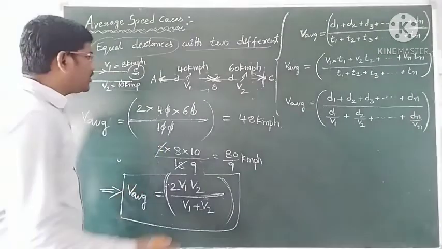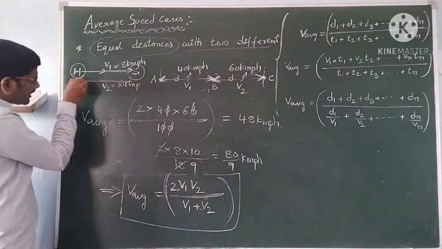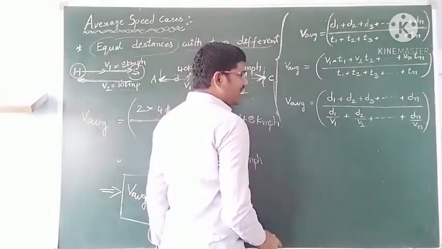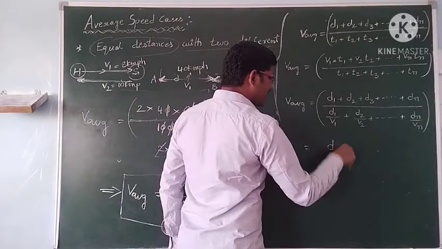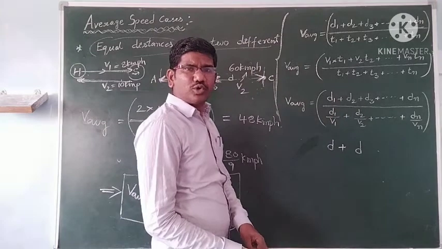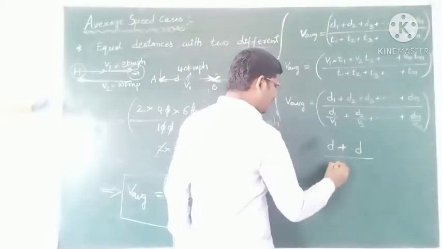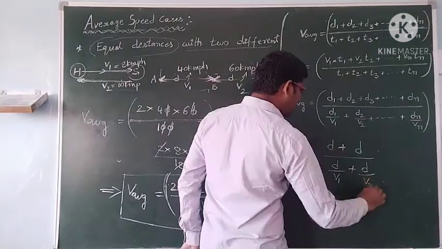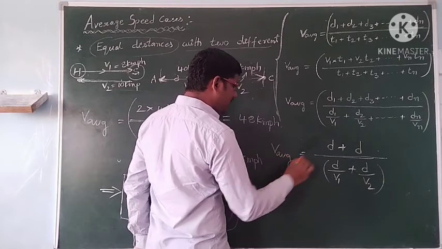That is the situation. Means A to B and B to C distances are the same, or you can cover it like this also. See students, whenever we have distances and speeds, this is the formula we have. Only two distances we have. The first distance d1 is d, the second distance d2 also d. So d1 plus d2 by d1 by V1 plus d2 by V2. We have to write the average speed.